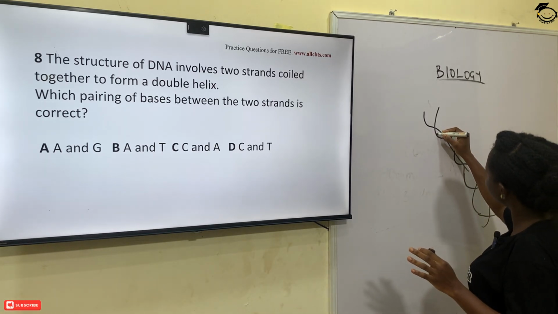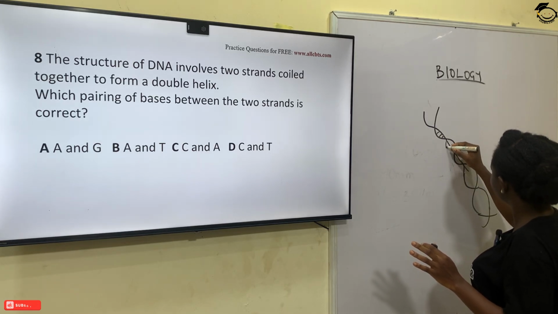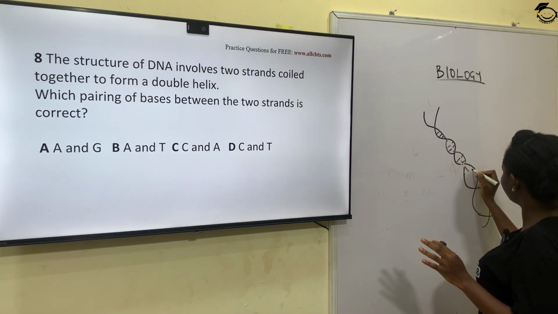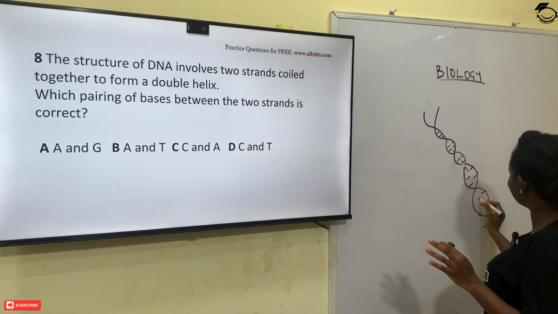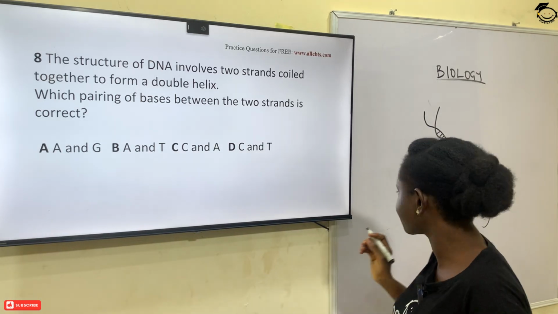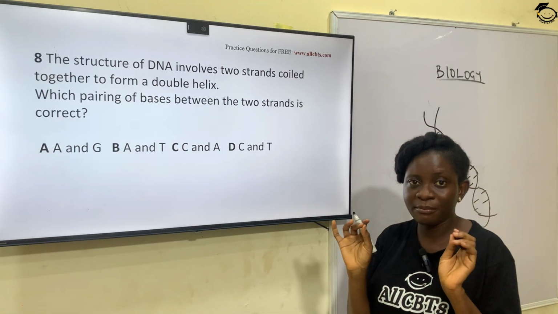And in between the two strands, we have a ladder. This ladder consists of base pairs. So for the base pairs, we have four nitrogenous bases.